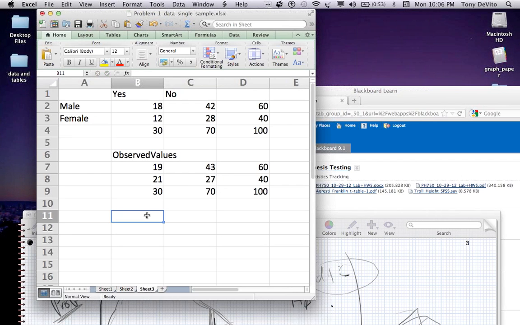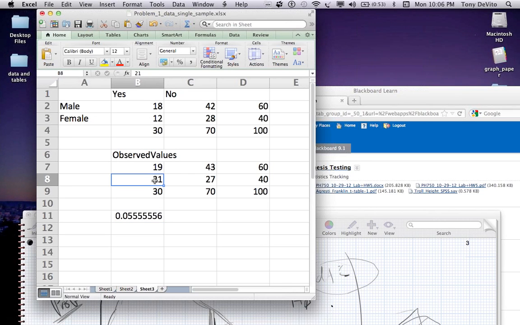My chi-square value here would be, let's see, observed minus expected is 1, squared is 1, divided by my expected value, so 1 divided by 18. In this cell, my observed is 21. Oops, did I make a mistake here?